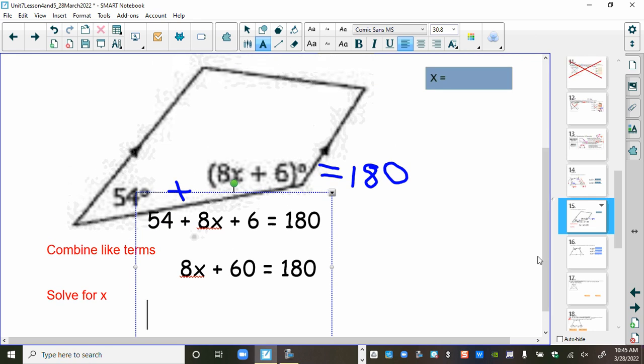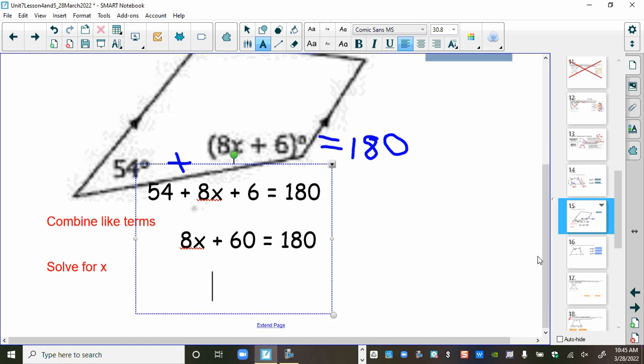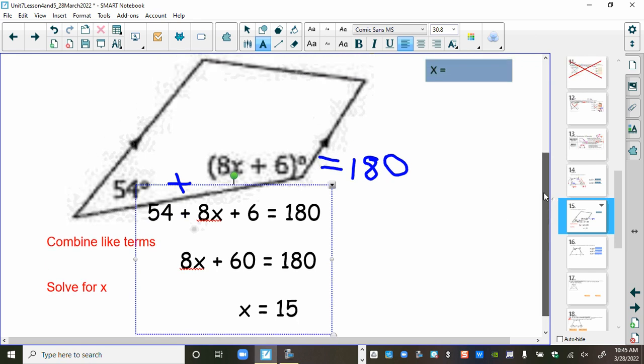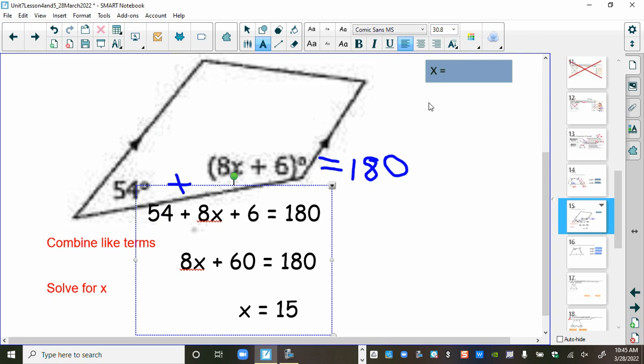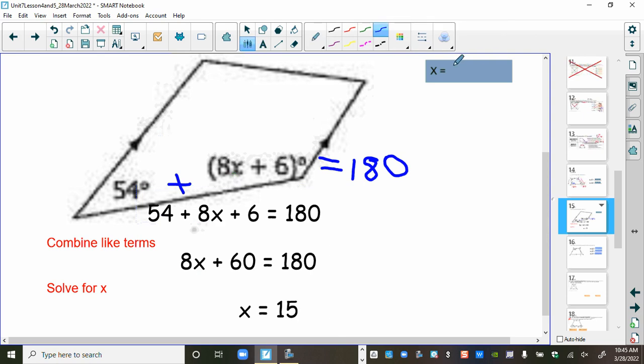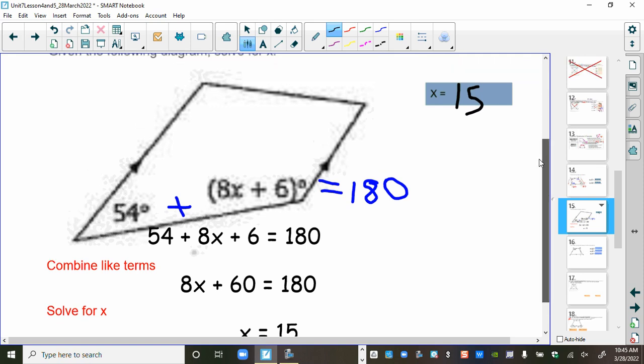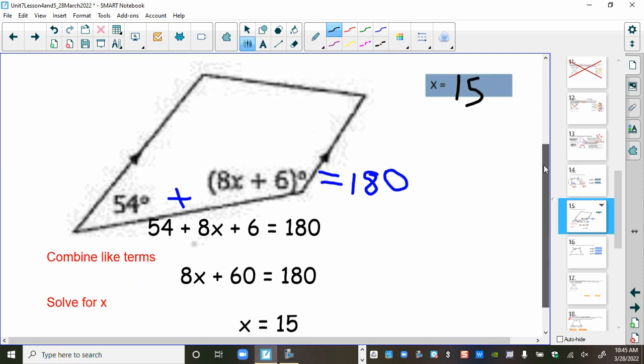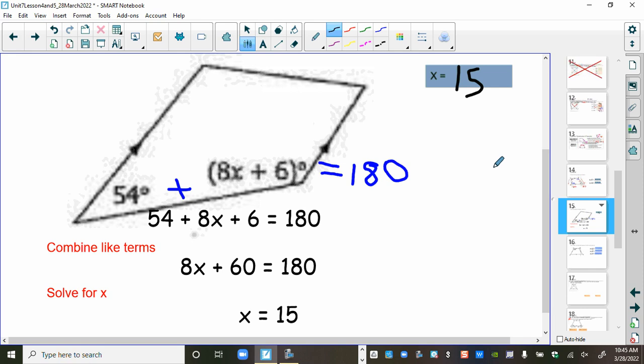Very good. All right. Do we have to do anything else for this problem? Because you just said solve for what? X. That's it.